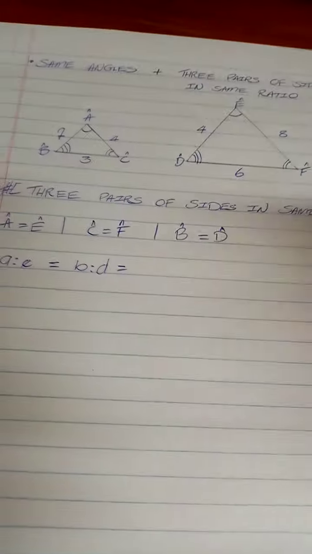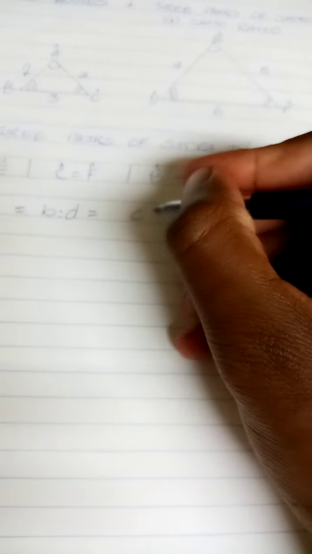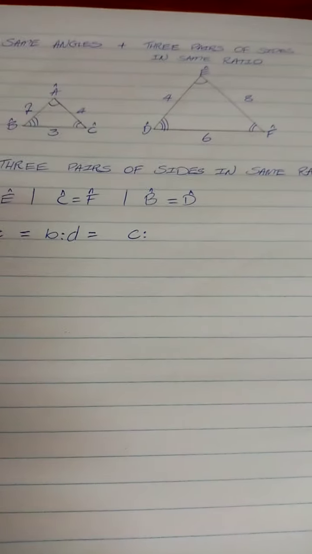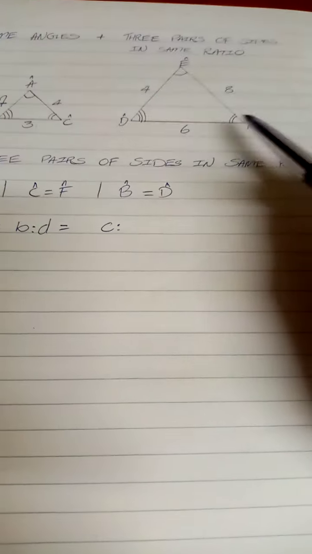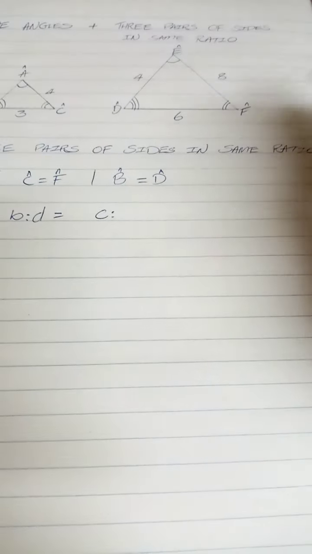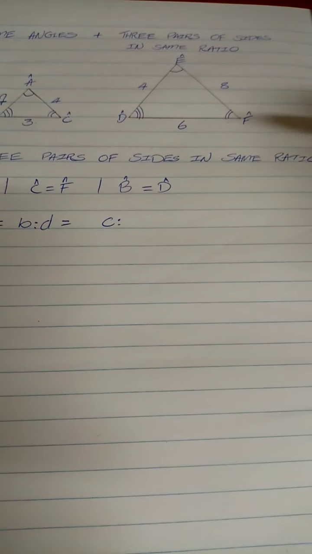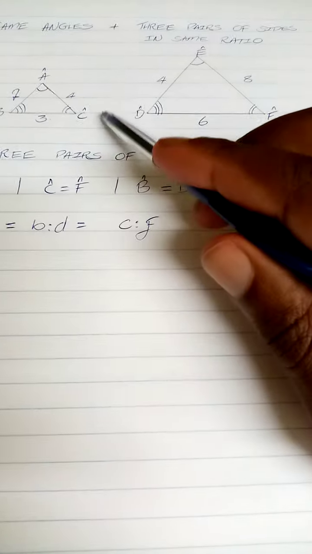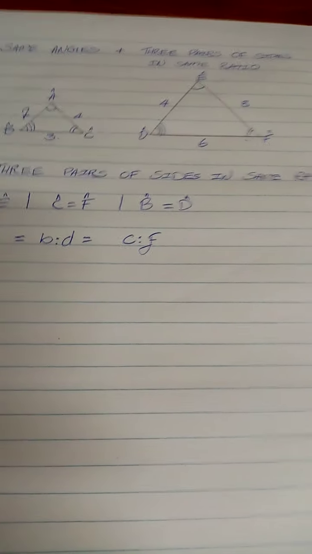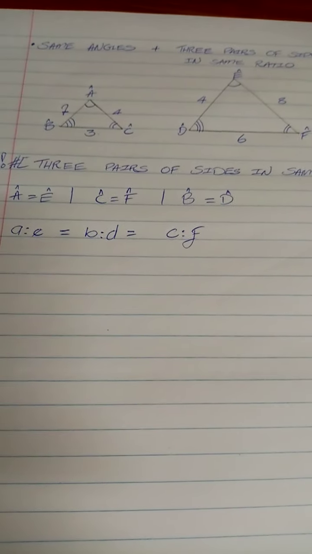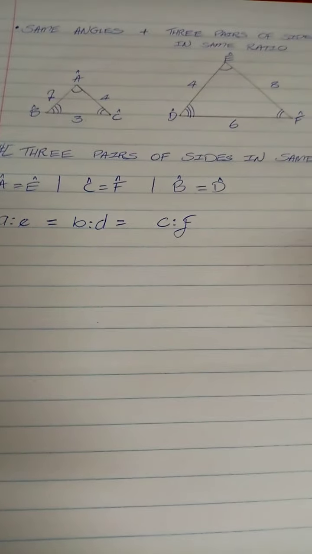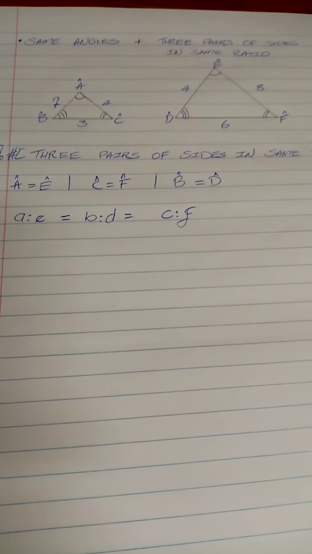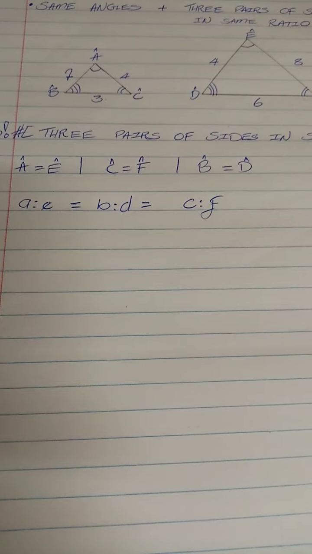So it is side C to the ratio of F, which has the same angle as C. So the opposite side from angle F is F, whereas the opposite side for angle C is C. So basically these are supposed to be the same in order for it to be considered similar triangles.